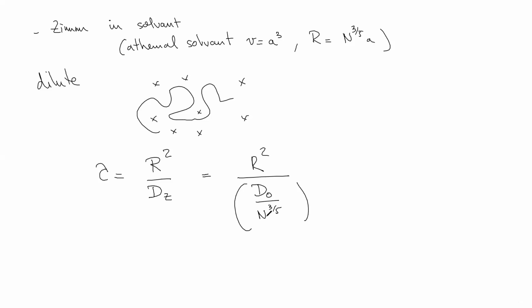So I put 3/5 here, and so this is n to the 3/5, to the power 2, a squared, and this is D0 n to the 3/5. So I end up with n to the 9/5 times tau naught.